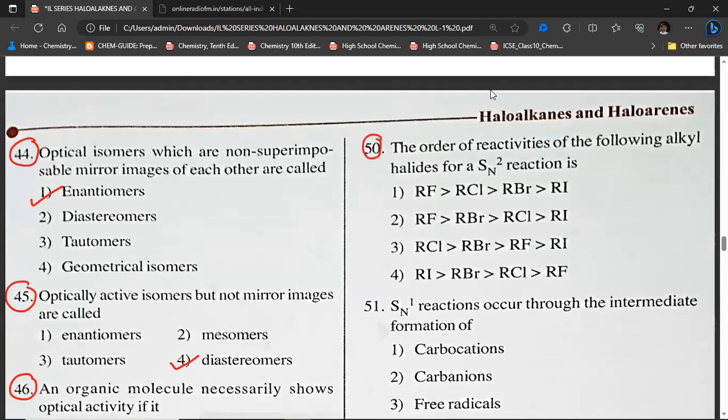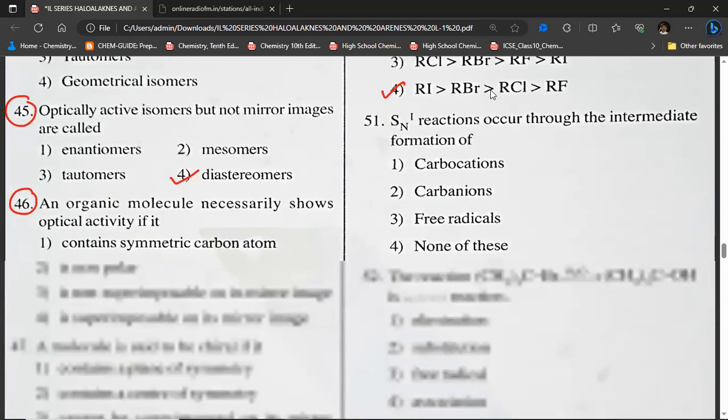The order of reactivity of the following alkyl halides for SN2 reaction. SN2 reaction is favorable for primary, but here we have all the same alkyl groups given. Again, we will go with the good leaving group concept, with the order of alkyl iodide, bromide, chloride, and fluoride. So the fourth option is the right option for question 50.